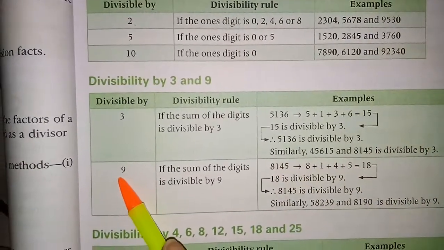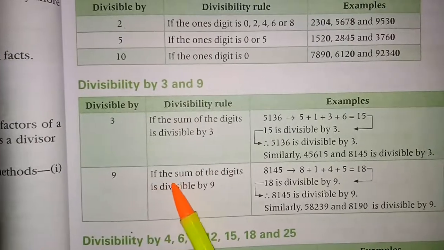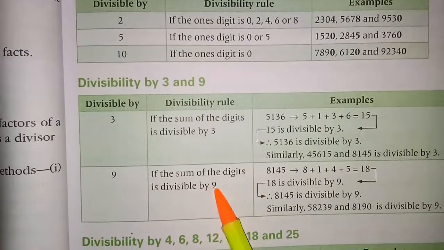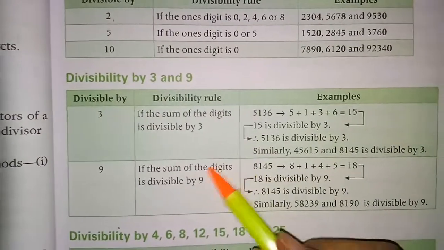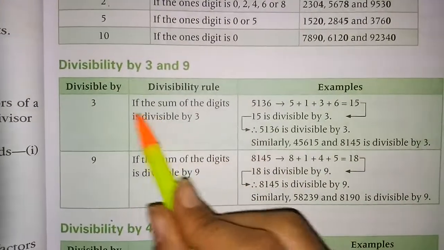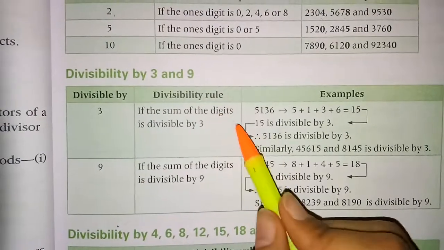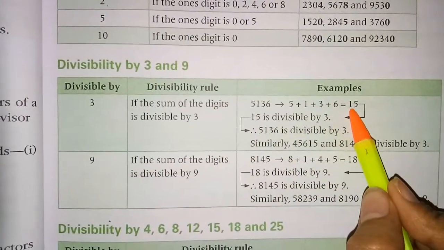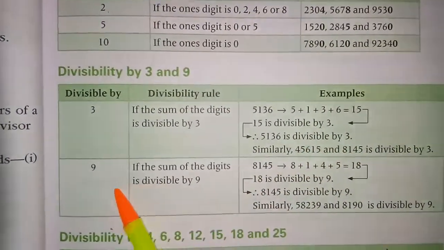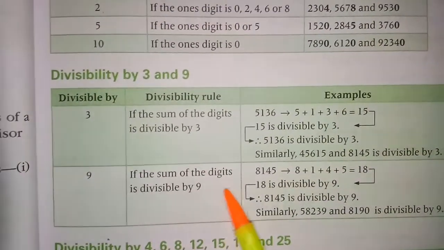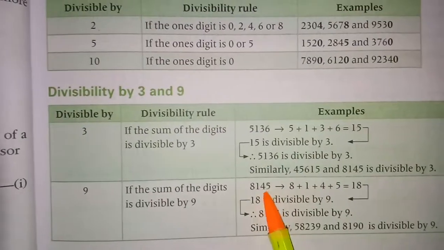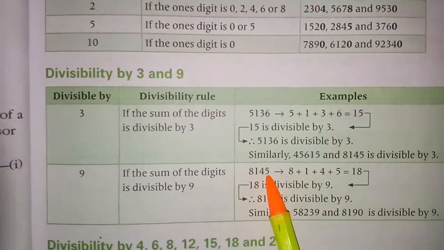Now let's move to divisibility by 9. If the sum of the digits is divisible by 9, then the number is divisible by 9. So the rules for 3 and 9 are similar. In the divisibility rule of 3, the sum of the digits should be divisible by 3, and for divisibility by 9, the sum of the digits must be divisible by 9. So here we have this example, 8145.